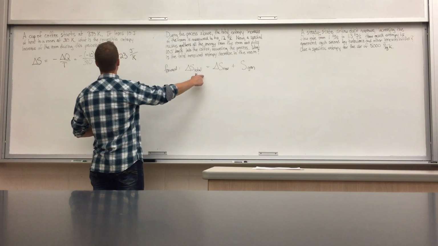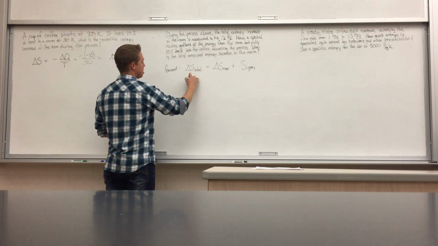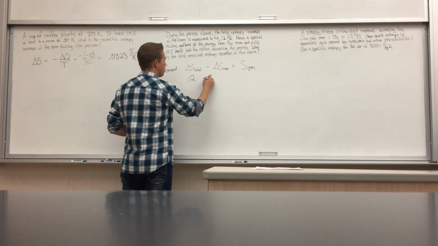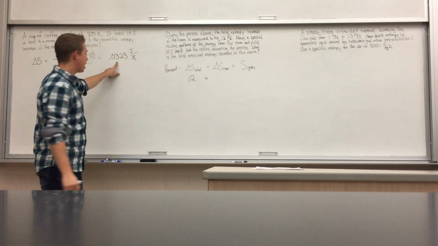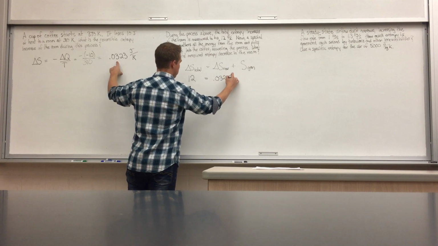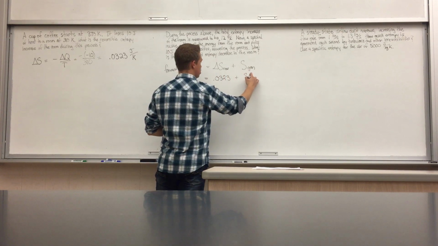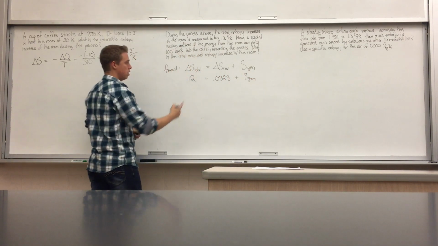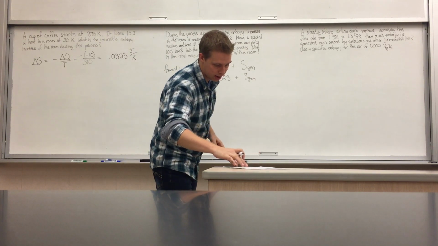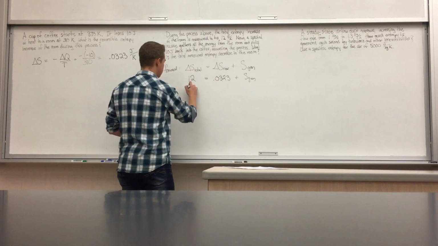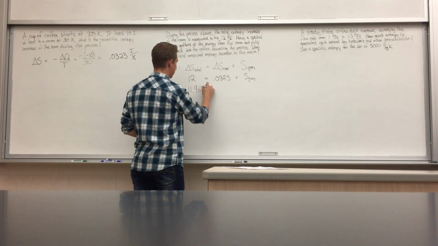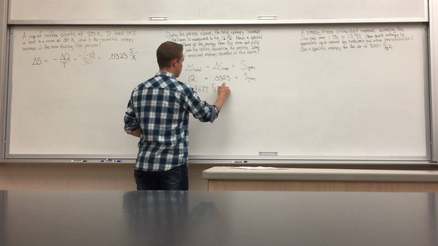This total amount was measured to be 12, okay? The reversible portion is what we calculated, 0.0323, and S gen is our unknown. If I subtract this over, I get an entropy generated of 11.9677 joules per Kelvin.